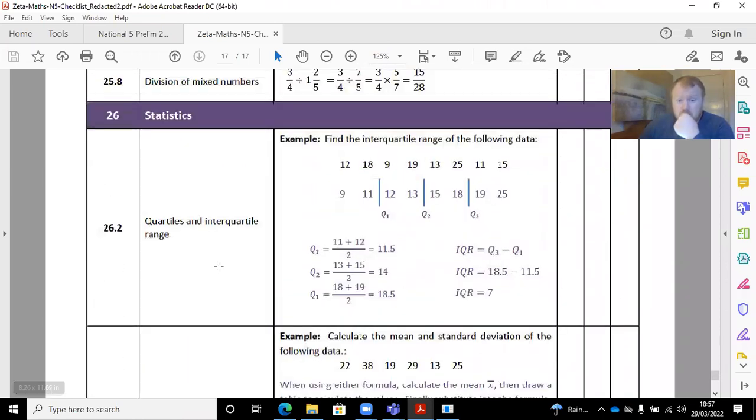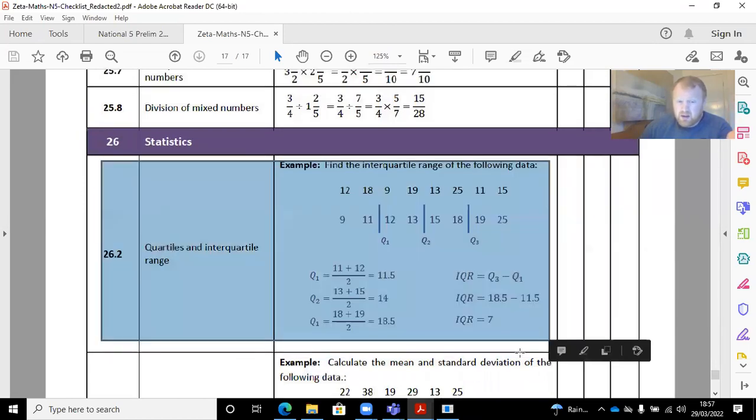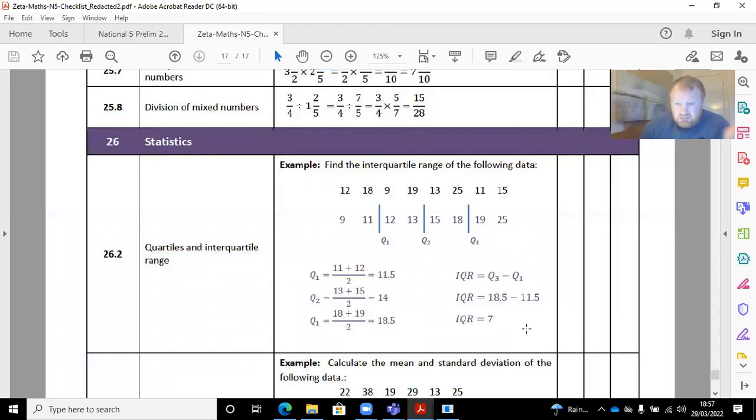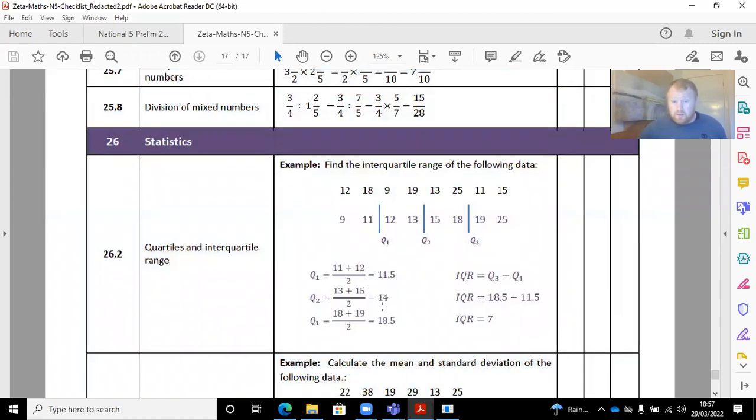This interquartile aspect, they never removed the whole thing. The likelihood of this coming up is slim because they've removed enough to make it a very small question, put it that way. There's not a lot of scope of where they can take that. Now, you need to be aware of it and what the interquartile range is. It's just splitting your numbers into 4.